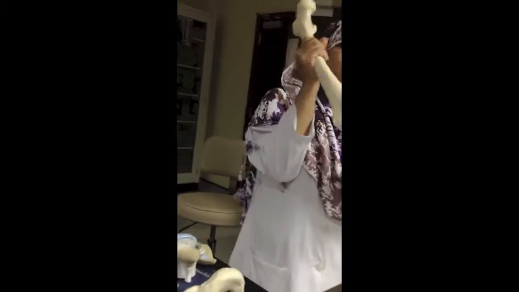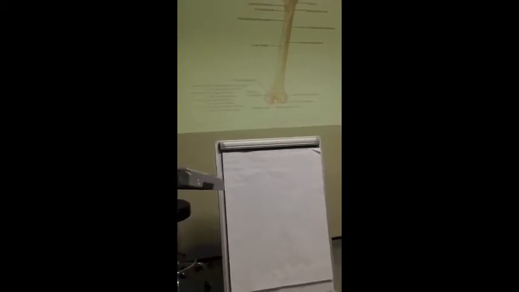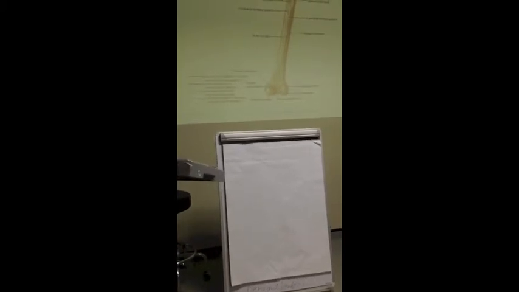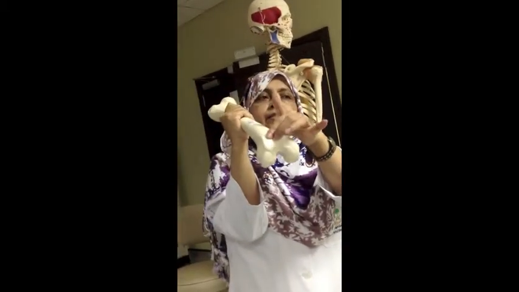We will see a depression, which we call the intercondylar fossa. You see here two condyles, and between the two condyles, posteriorly, is the intercondylar fossa. And anteriorly we find a part, the patellar surface.